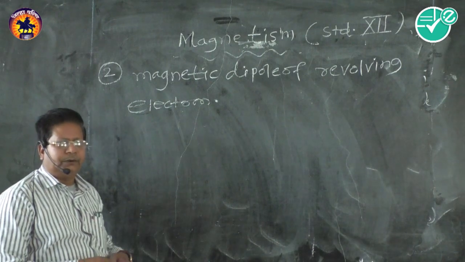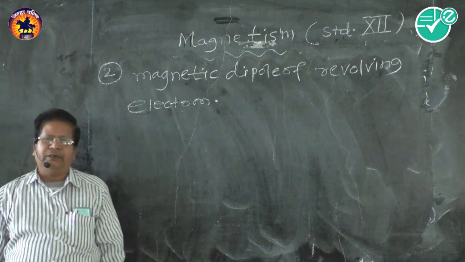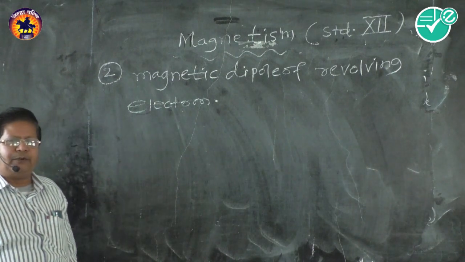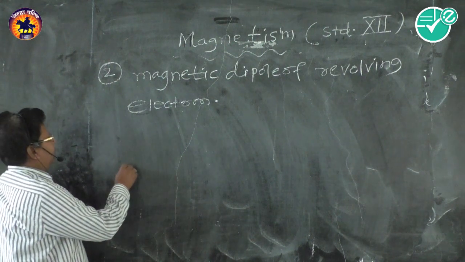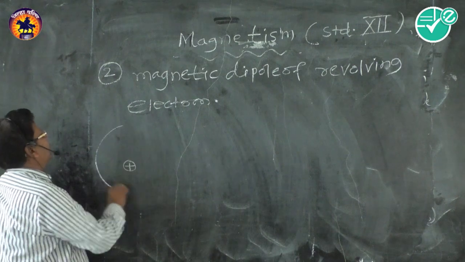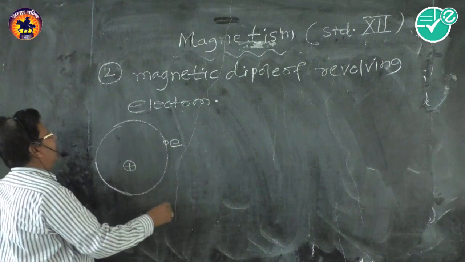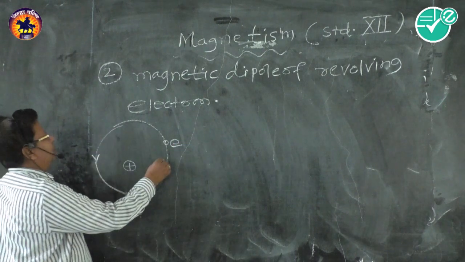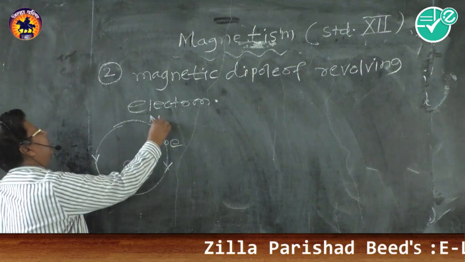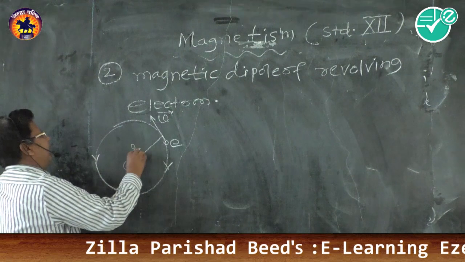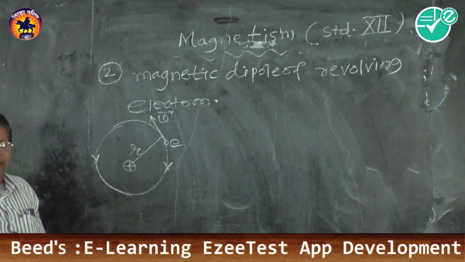As we know, the origin of magnetism lies in circulating charges in atoms present in every substance. Suppose that an electron having charge of magnitude e is revolving around the positively charged nucleus in a circular orbit with linear velocity v, and the radius of the orbit is r.